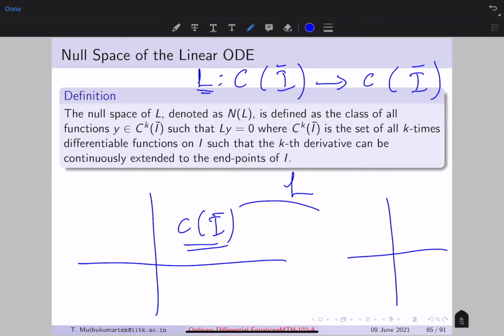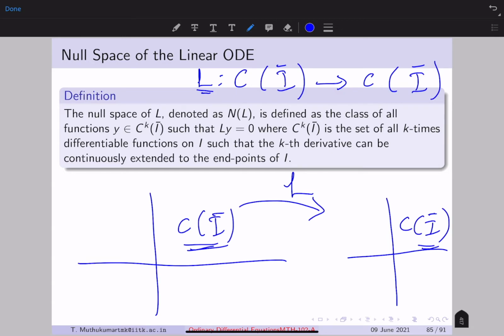Anyway, don't worry about this. This is just so there is a set C_I, and L is a map from the set to itself, right?